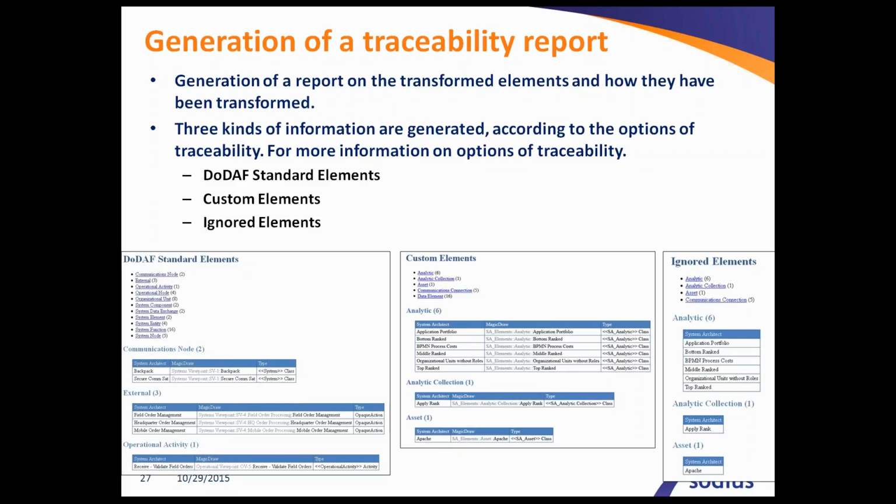And we have the custom elements. For example, I have here an element called bottom ranked, which is SA analytic, and it has been stereotyped SA analytic. And we have the ignored elements. For example, I have an asset called Apache, which is ignored by the transformation.